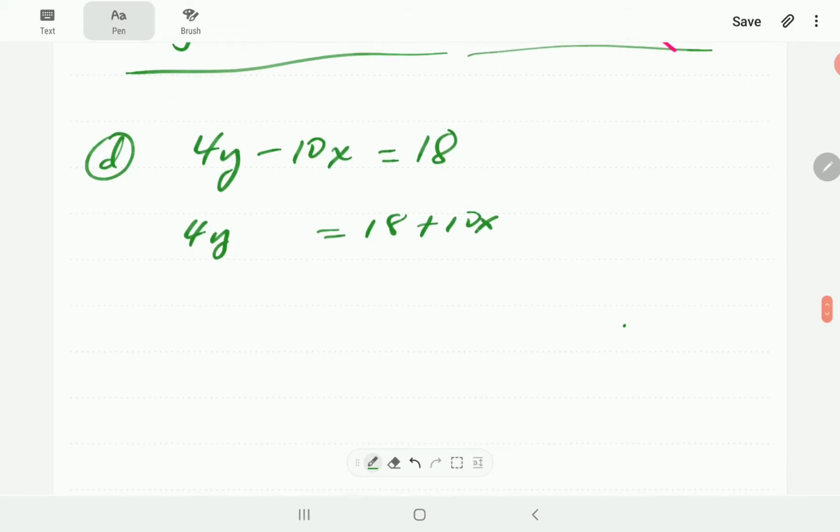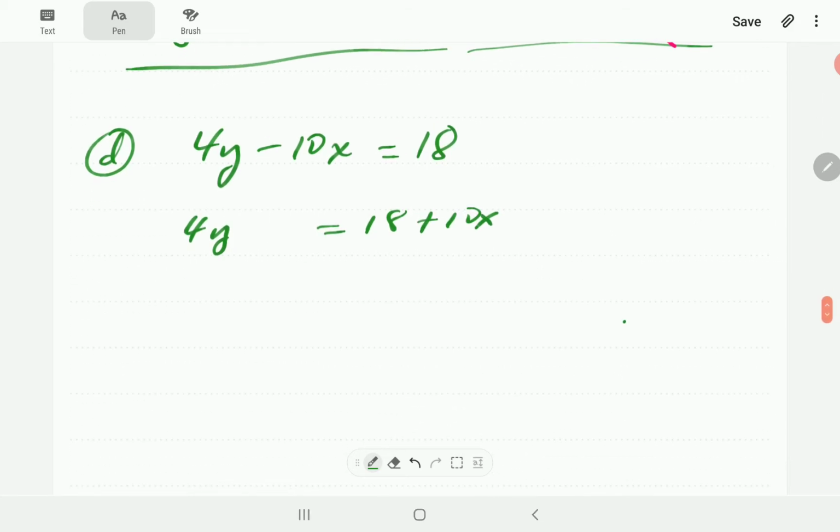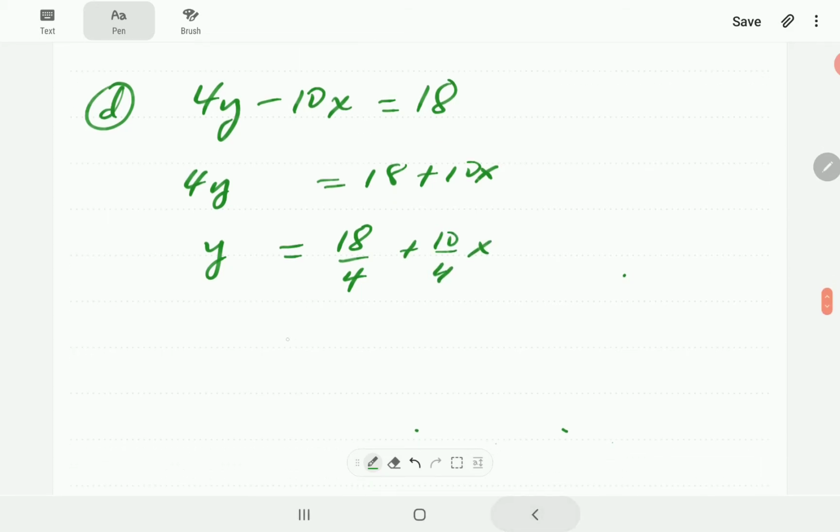To bring the 10x to this side, it becomes plus. Then if we divide everything by 4, so this is going to be 10x over 4. 18 over 4 is 9 over 2. 10 over 4 is 5 over 2.